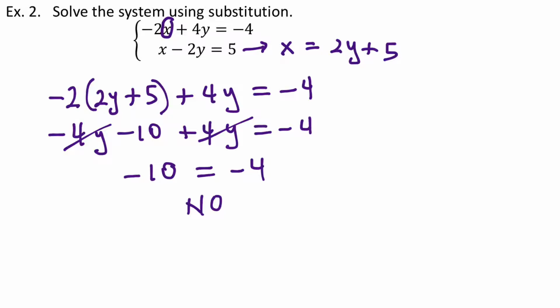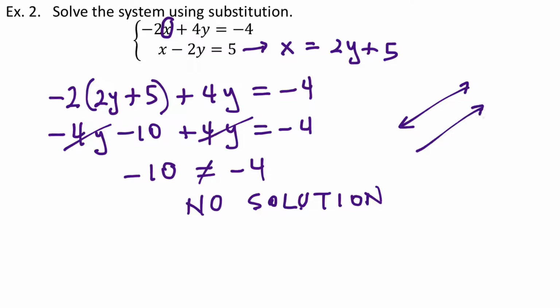So if you end up with a false statement, then you have no solution, which indicates these two lines are actually parallel lines and they will not cross, even though sometimes it's not obvious before you start. So when you get a false statement, you're going to make a conclusion that there's no solution. These lines do not intersect.